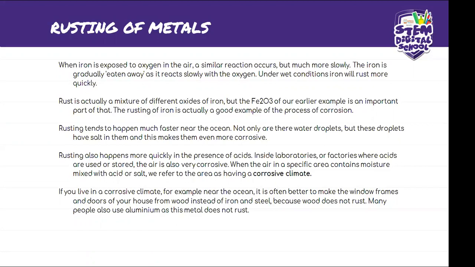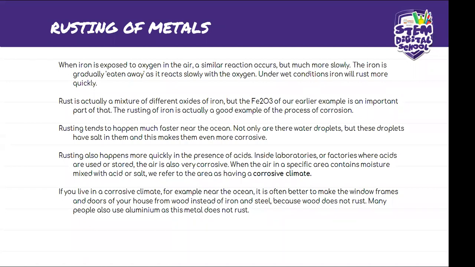If the moisture is a bit, then the reaction will be slow. Rust is actually a mixture of different oxides of iron, but Fe2O3 of our earlier example is an important part of that. This is the example I gave you, iron reacting with oxygen to give you iron oxide. So rusting of iron is actually a good example of the process of corrosion. I've already spoken about that.